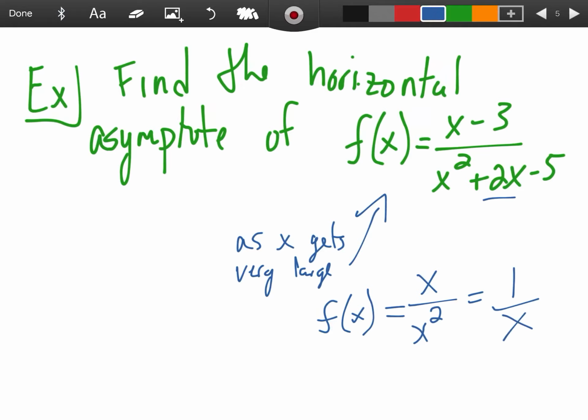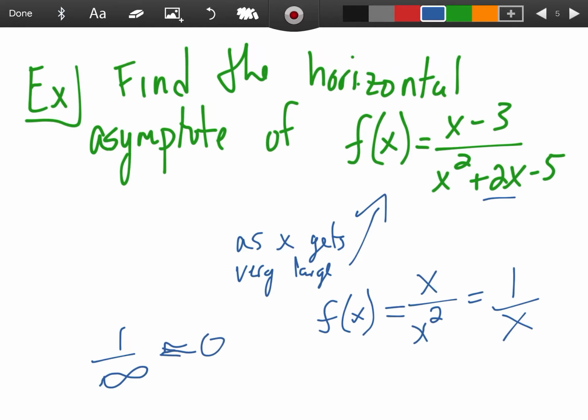And 1 over x, well, what's going to happen if I plug in a really large number for x? Again, we're seeing what happens as x gets very large. Well, 1 divided by a billion is just about 0. So as x goes to infinity, this is going to go to 0. 1 over infinity can be approximated by 0. So that tells me my horizontal asymptote is 0.